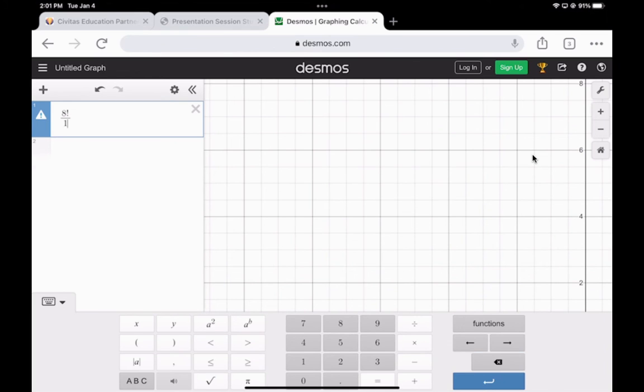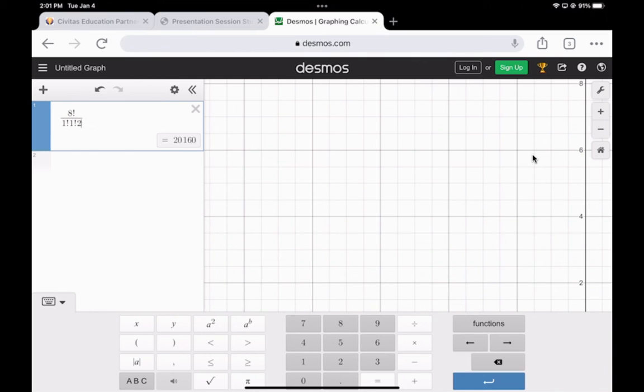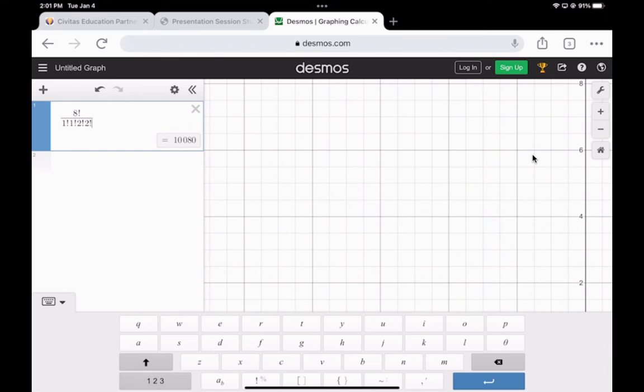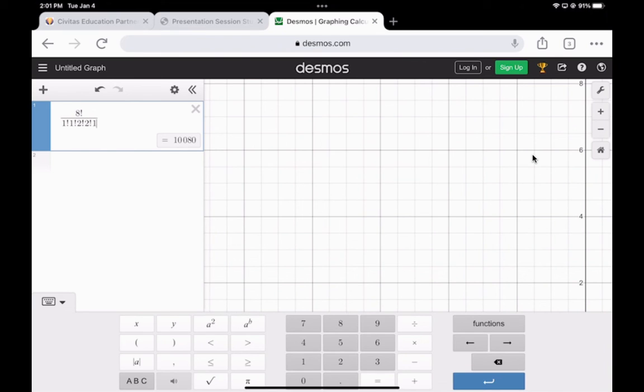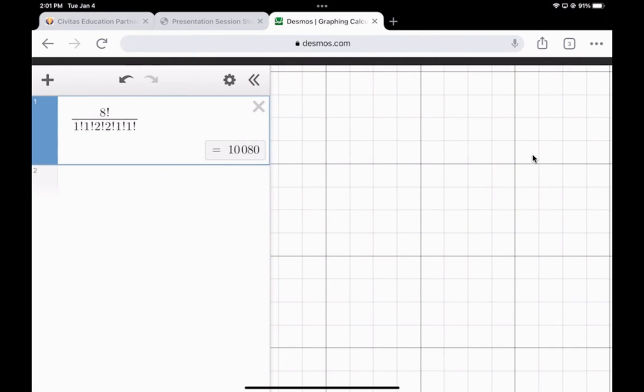So 1 factorial, another 1, 2, another 2, and then I believe it's 1, 1. Okay, I'm going to zoom in a little bit so you can see on the sides. When you type it in, it will give you the answer right here in the bottom, so you don't have to worry about it.